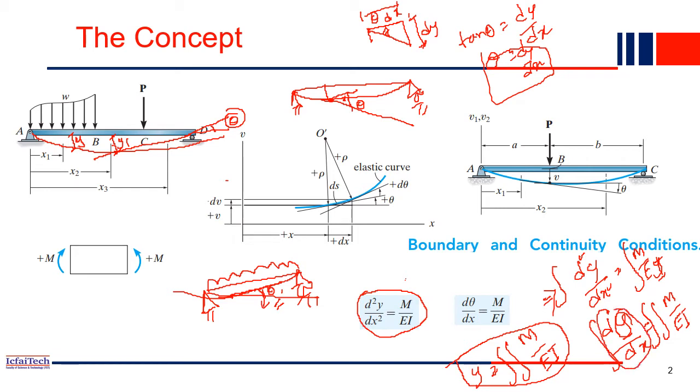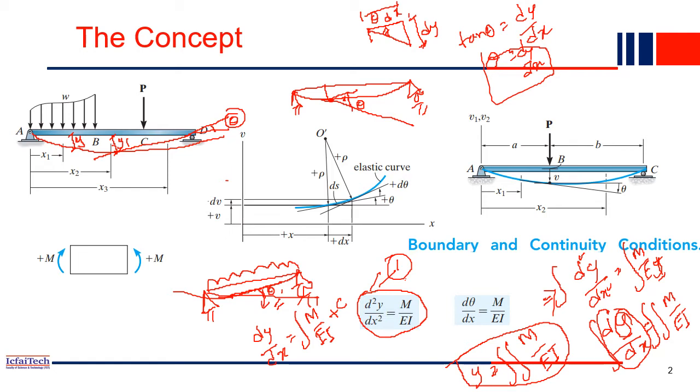Let me write it clearly. If you integrate the equation once, you get dy/dx equal to the integral of M by EI plus c. What is c? If you integrate, you always get an integration constant.